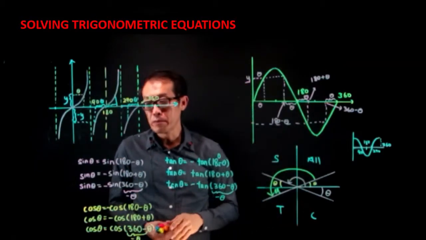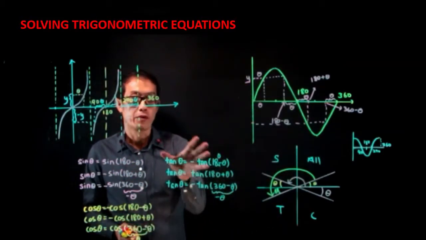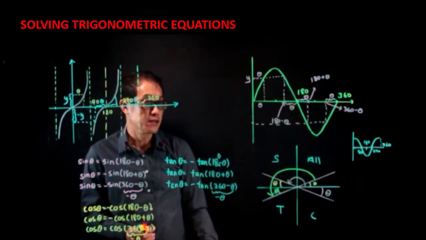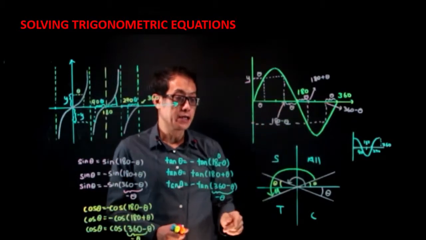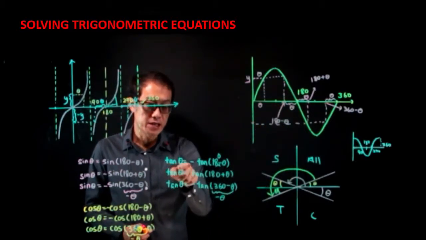One very important thing you realize from the graph is that any angles that have the same basic angle, like all these, have the same basic angle.